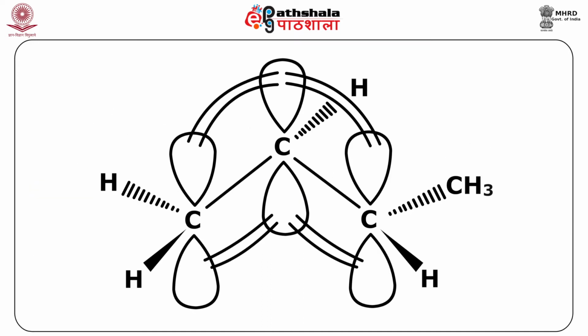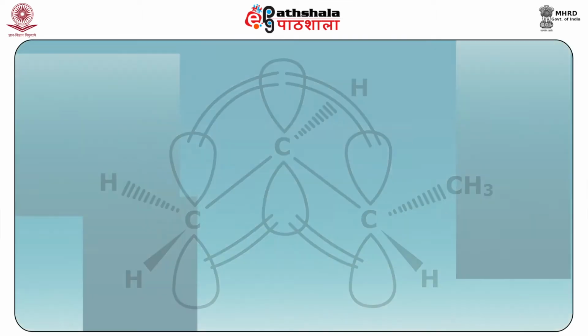The resonance stabilization of the allylic carbocation is presented above in the orbital picture, as already told you. The positive charge is delocalized over two carbon atoms by overlap of the filled p orbital of the pi bond with the vacant p orbital of the carbocation.